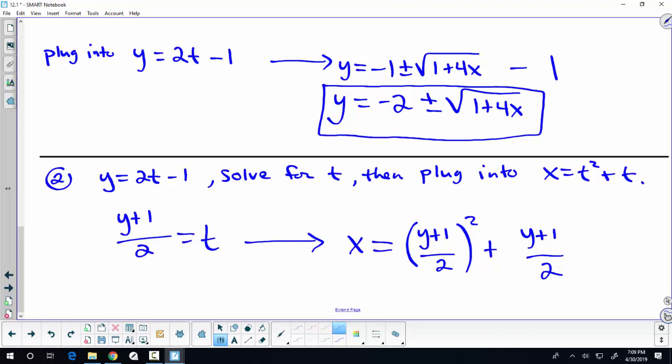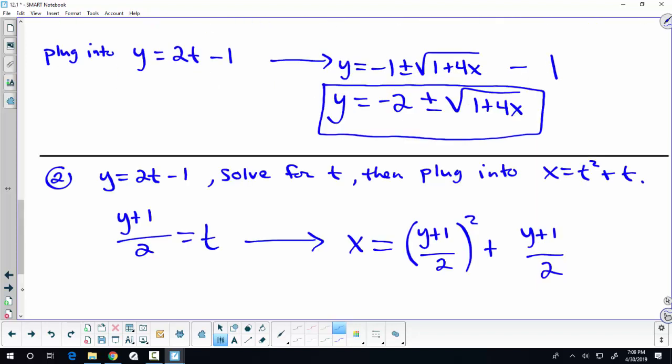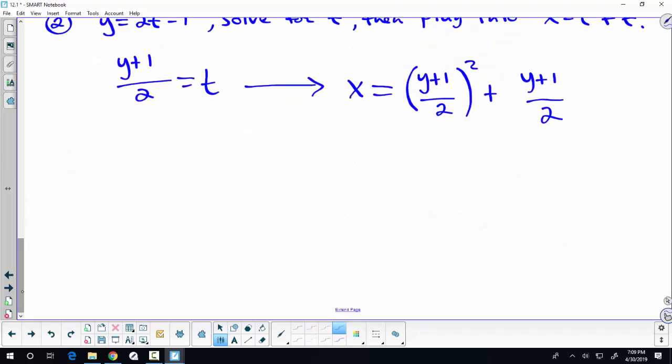So maybe you could simplify that a little bit. It is a quadratic in y because we have a y squared and a y. But I don't know if that lends itself any better to the actual graph. So you can expand all that stuff out, combine like terms. 1/4 y squared plus y plus 3/4.